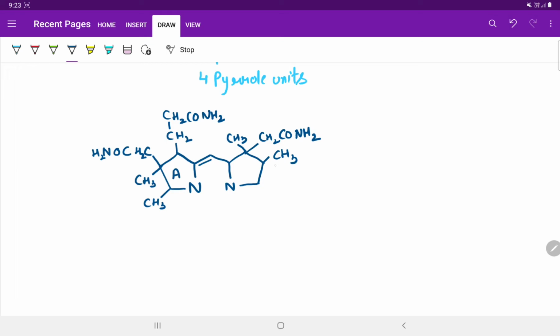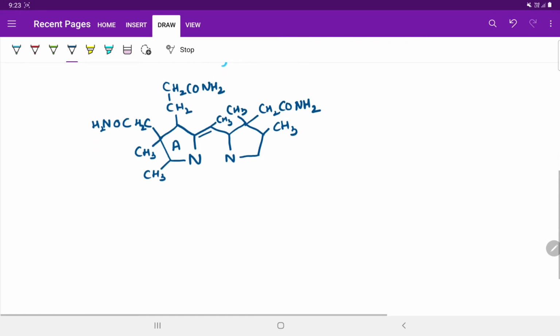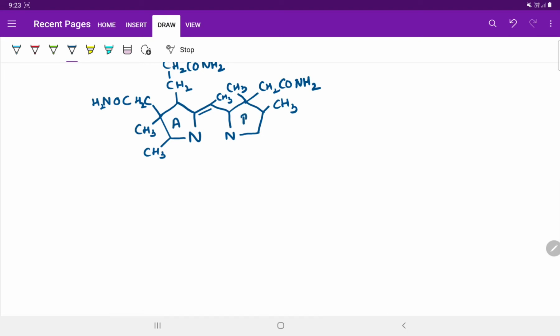So you can see a CH3 group will be attached here. So this is the B pyrrole ring.